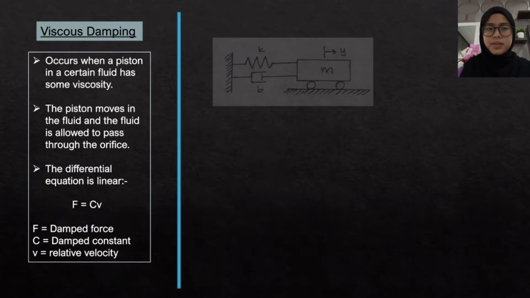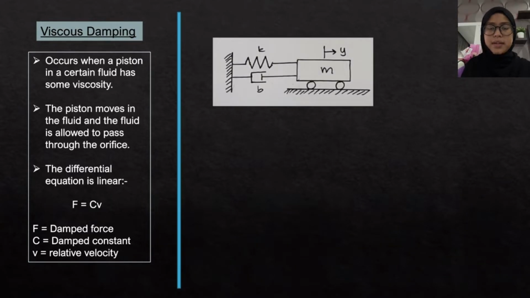So in this picture, we can see that the force exerted by the damper is proportional to the speed, which is y dot, at which the piston moves and is directed in the opposite direction from the movement of the mass.